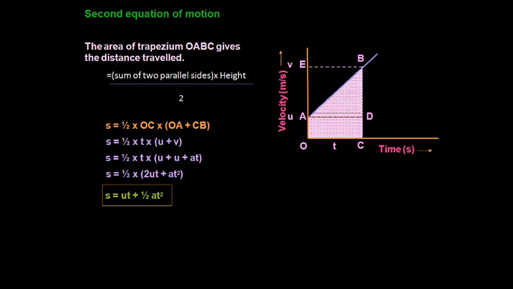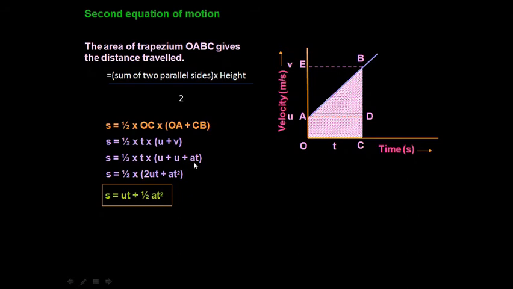Now looking at this equation, what is OC? OC is the time t. What is OA? OA is u. And what is CB? CB is v. So s is equal to half into t into u plus u plus at.